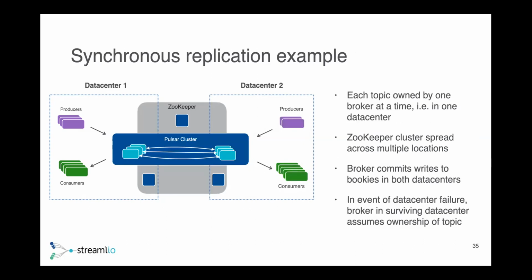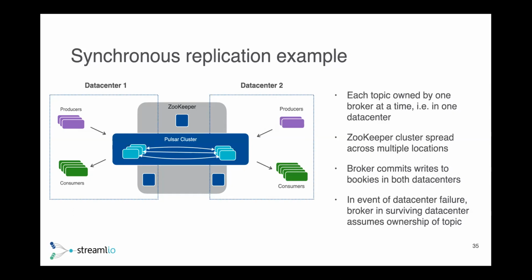Now, if you want synchronous replication, then you really want to make sure that the data is available at all times rather than have an asynchronous call, where there's the potential for some data loss between the time that the message was sent and the data center went down.